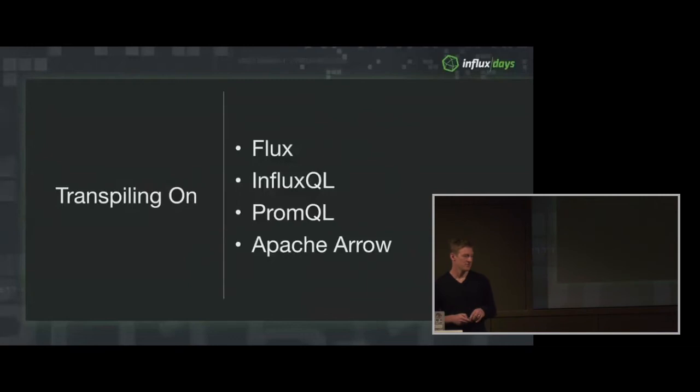All right, so we've heard a ton about Flux and InfluxQL and PromQL and Apache Arrow. The point that I want to stress here is that while the Flux syntax is pretty, the syntax isn't really the strategy for the team. Really what we want to do with Flux is create a language that allows integration across a broad number of ecosystem components.